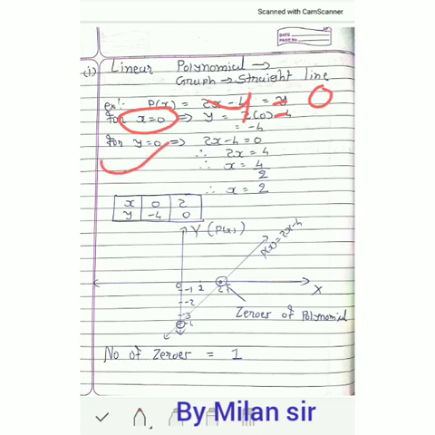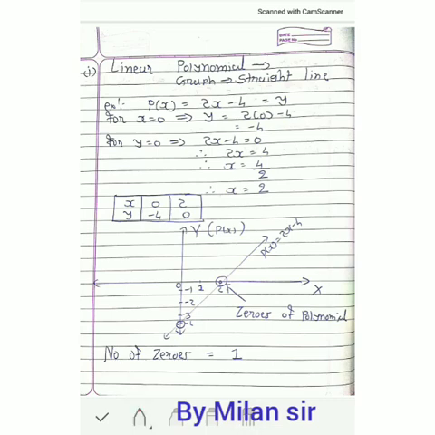We cannot take y = 0 again because it will show x = 0. These 2 points would be the same, but we want two different points. So if you put x = 0 and get y = 0, then you need to put some different value other than 0. Then you will get two values.